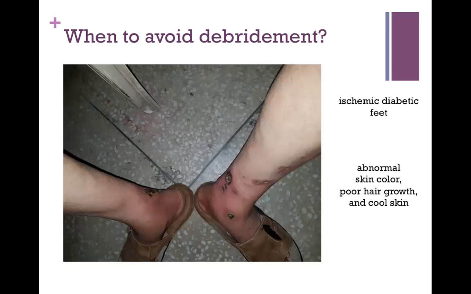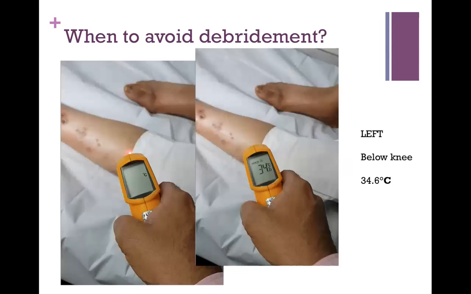In this case also, ischemic diabetic feet, one can notice abnormal skin color, poor hair growth, and there was significant difference in the temperature when below knee region was compared with the toes.